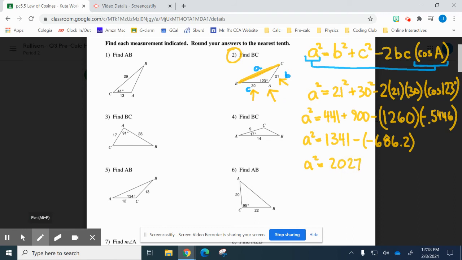And there's a 0.2 on there, but this number is so big, who cares? We're not going to worry about it. So then we have to take the square root of both sides, right? So A equals the square root of 2027, which equals 45.